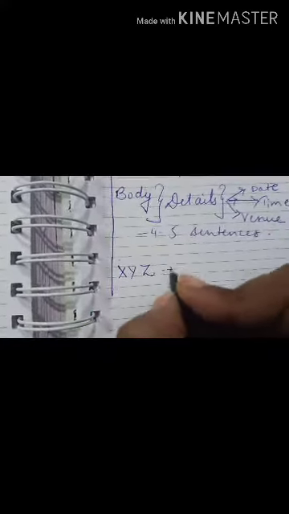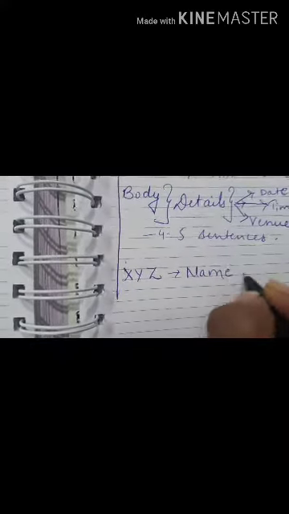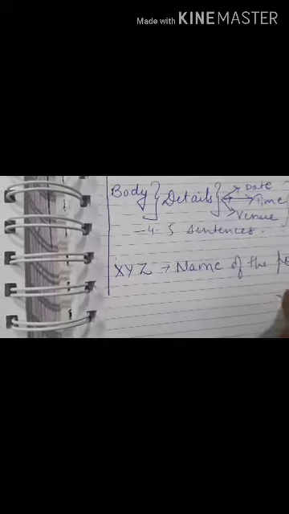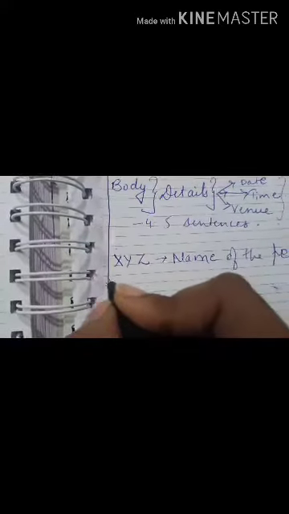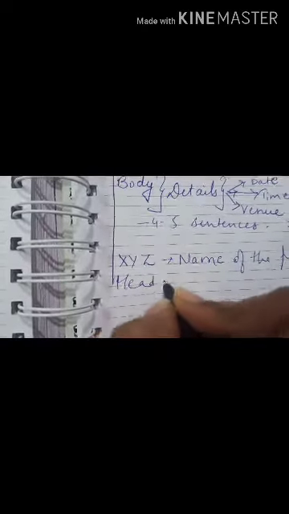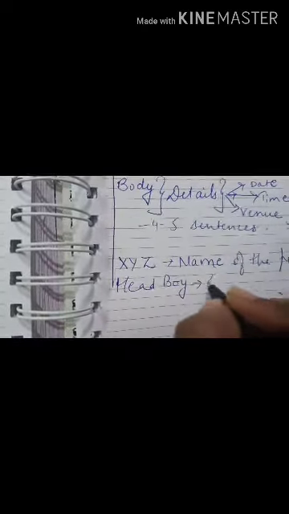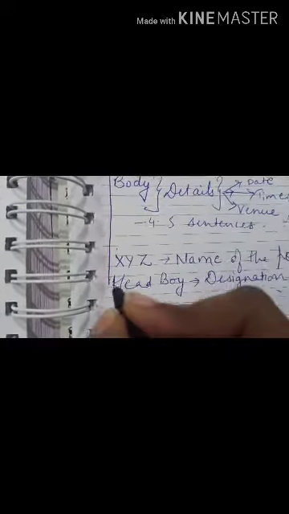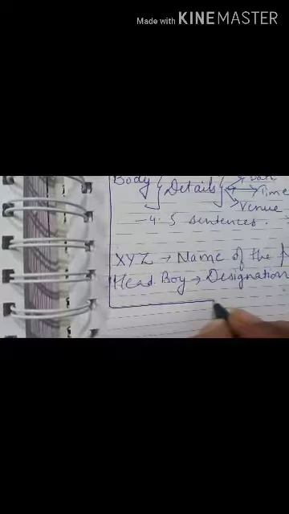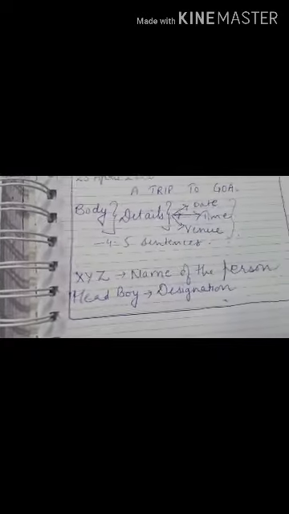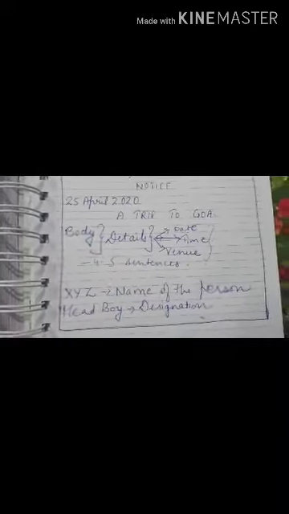This is the name of the person who is drafting the notice. Then after that, you will write the designation, means head boy, head girl, whatsoever. This is the designation. And then, by leaving a line, you have to close this box. This is the reason why I told you earlier that you don't have to close the box in advance.